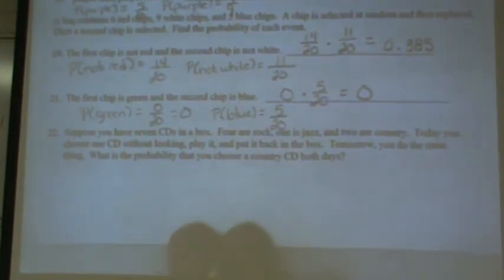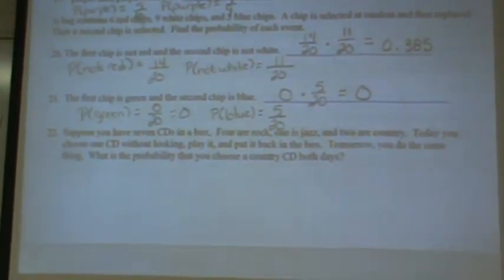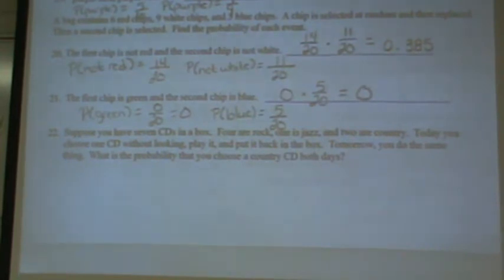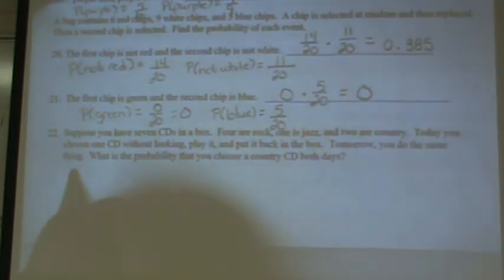And finally, number 22 says, suppose you have 7 CDs in a box. 4 are rock, 1 is jazz, and 2 are country. Today you choose 1 CD without looking, play it, and put it back in the box. Tomorrow you do the same thing. What is the probability that you choose a country CD both days? So we're choosing a CD and then we're putting it back. So these are independent events. So we need to find the probability of picking a country CD.